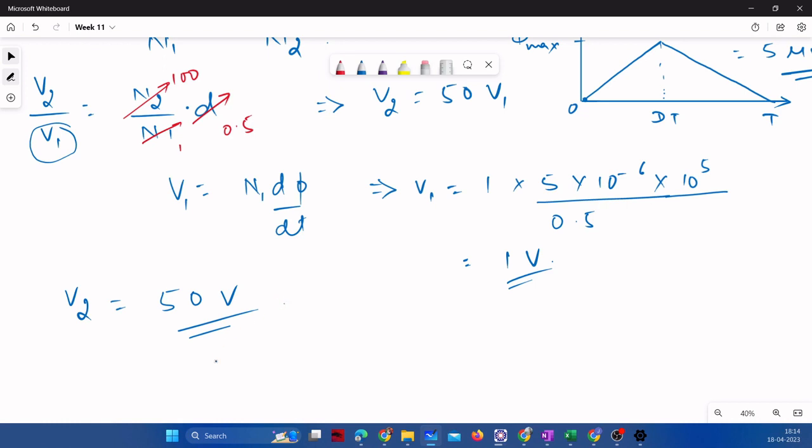From this example you can see that even though this forward converter works as a buck converter, the voltage on the secondary side is significantly higher, almost 50 times that of the primary side. That's another observation based on this problem. I hope it is clear. If any doubt in this problem, please let me know.